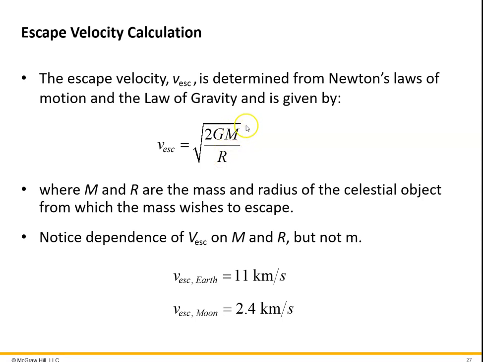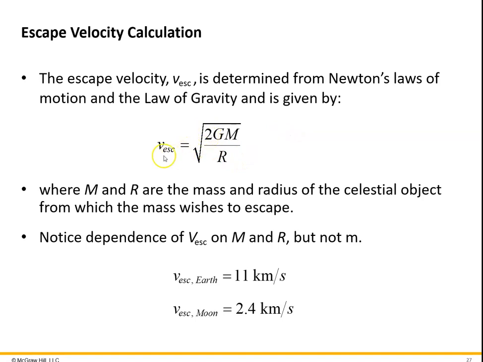You're usually talking about a planet or a large moon, and R is the size of it, the radius of the sphere.